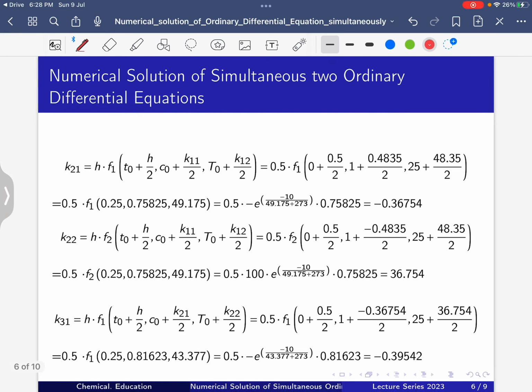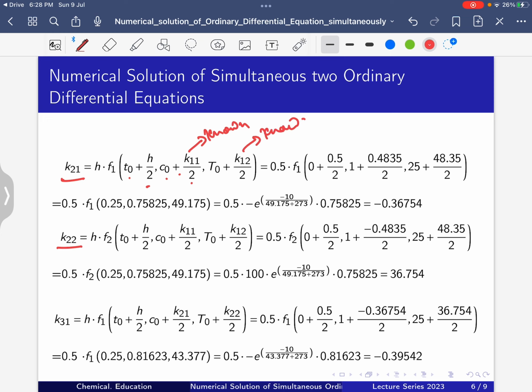Similarly, we have to calculate k21 and k22. So k21, how do we calculate? That is h into f1(t0 plus h by 2, c0 plus k11 by 2, T0 plus k12 by 2). K11 we already know, and k12 is also known.